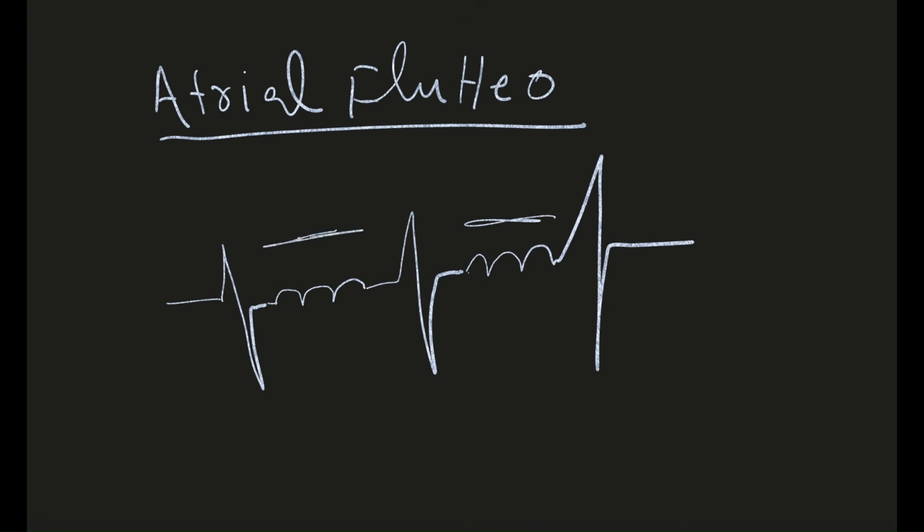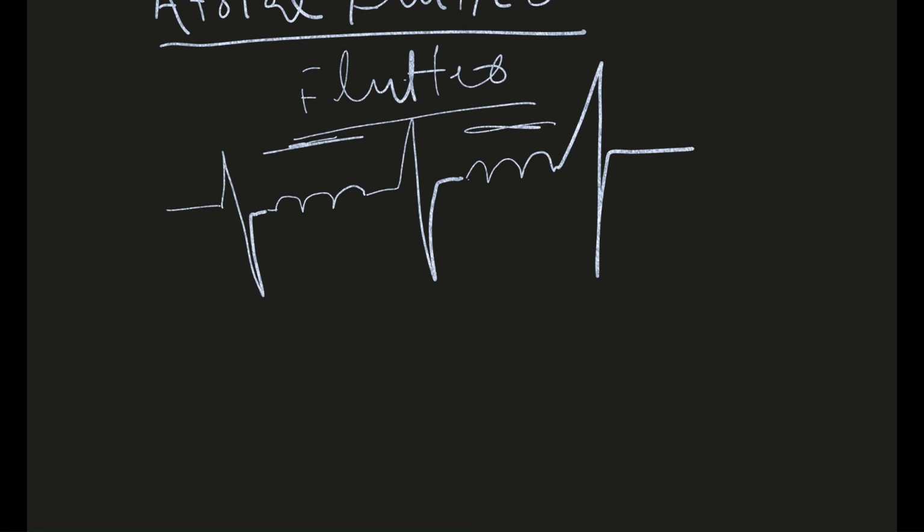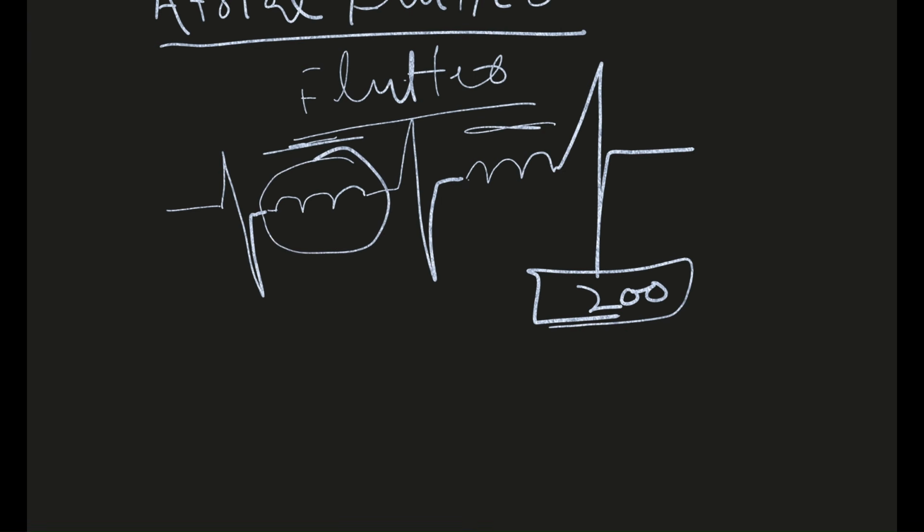This sawtooth appearance is basically the flutter, atrial flutter. The heart rate will be very, very high, it could be around 200, and there will be very discernible P waves, but in the sawtooth pattern like this.